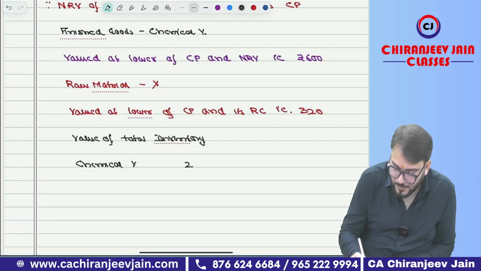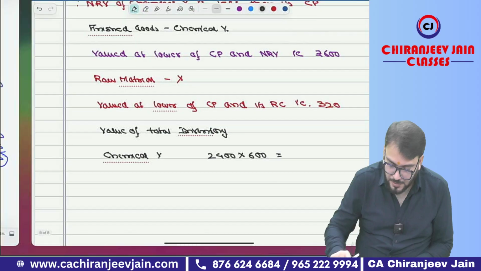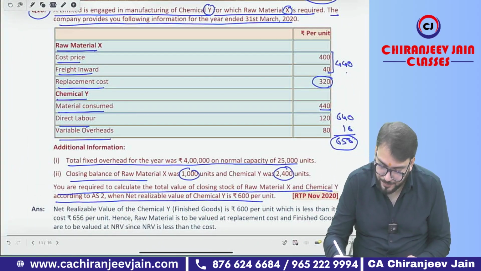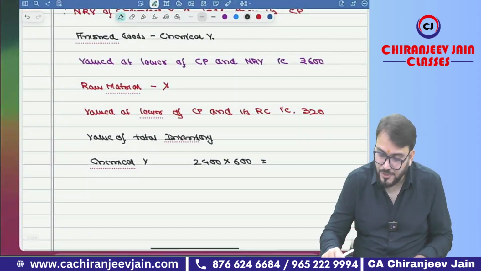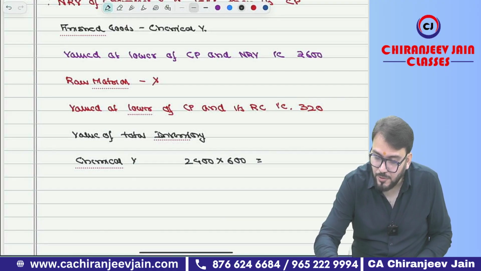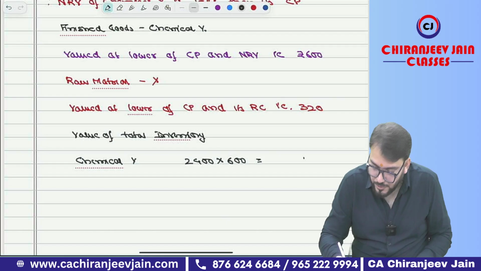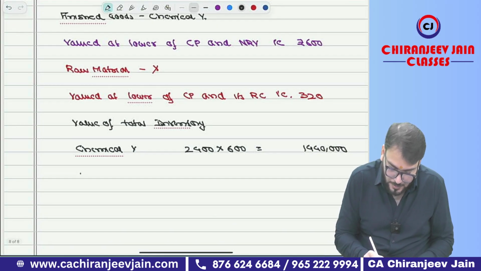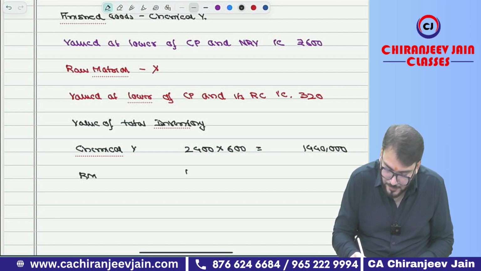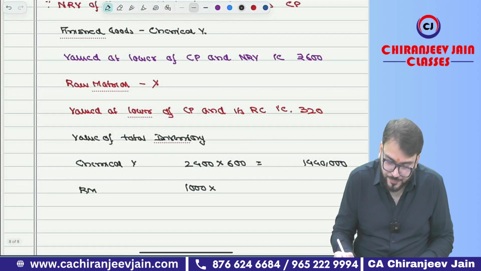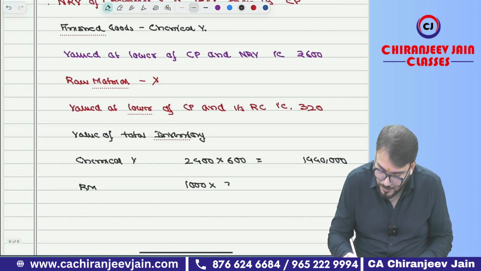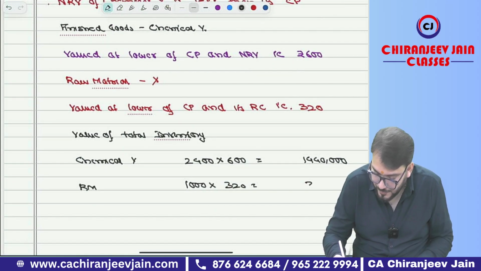Chemical Y: how many units? 2400 into 600 is equal to 14 lakh 40,000. And raw material, 1000 units into 320, that is 3 lakh 20,000.